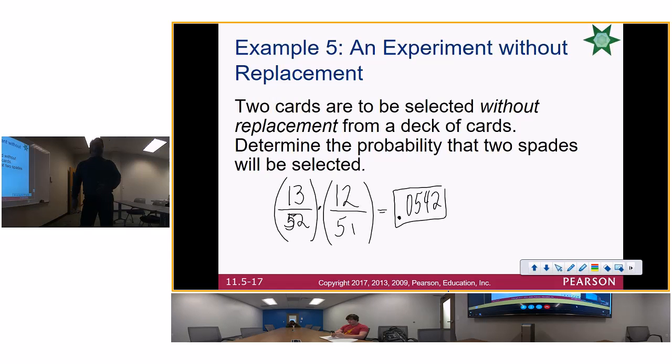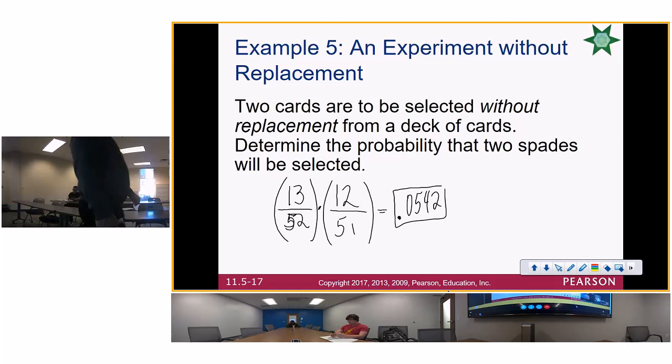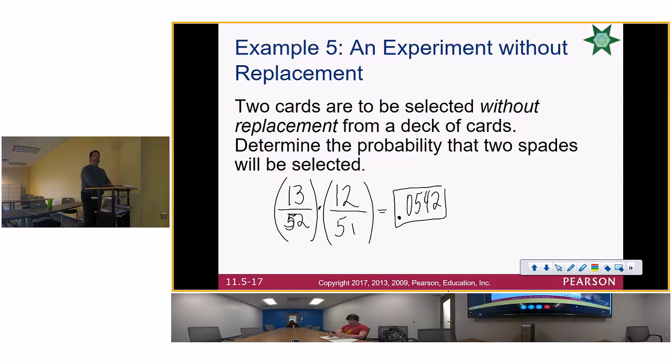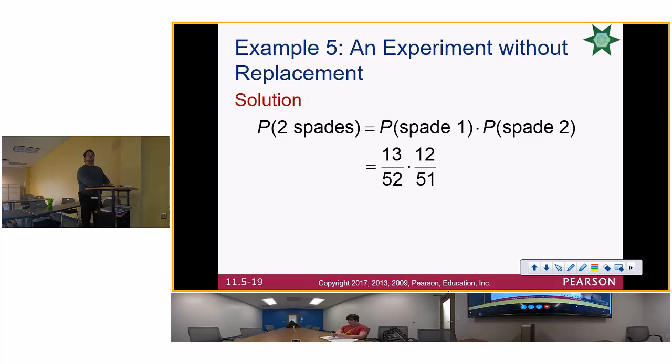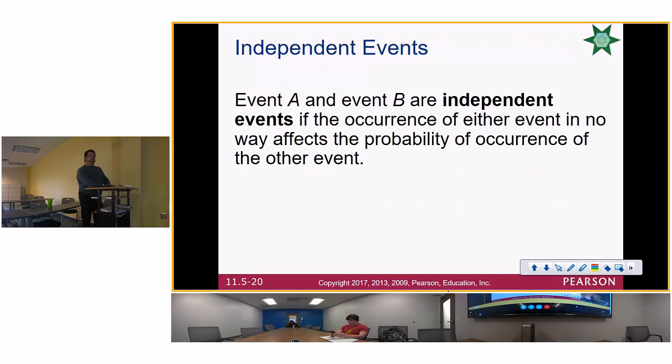That means if you bet $500 and you pull 2 spades, you're going to win a lot of money. And that's what they're telling you. What's 1/17? 0.05882.